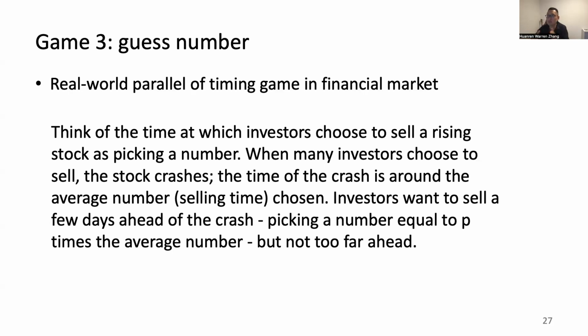If you sell too early, you have not realized all the potential gain. But if you get too close and reach the point of the crash, then you lose all your investment. Okay, so that is the real-world parallel of the guess number game.